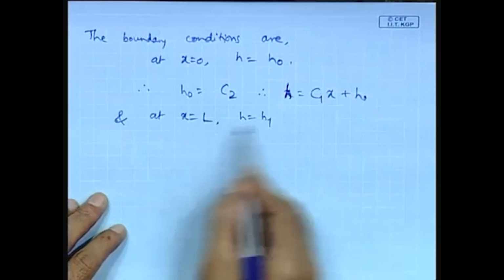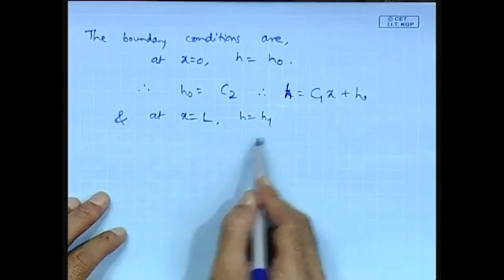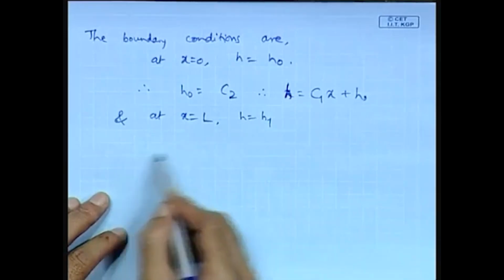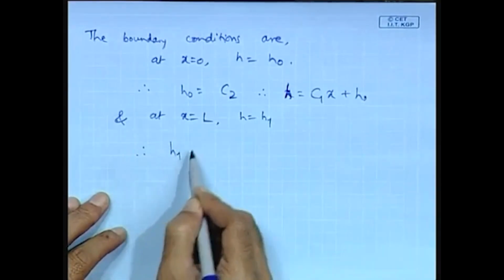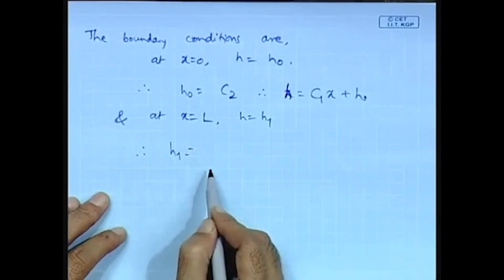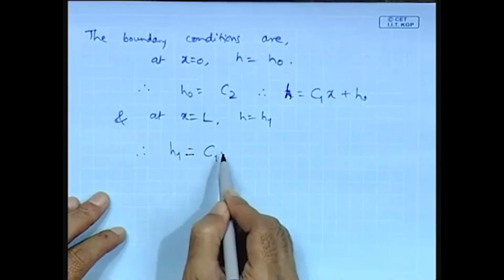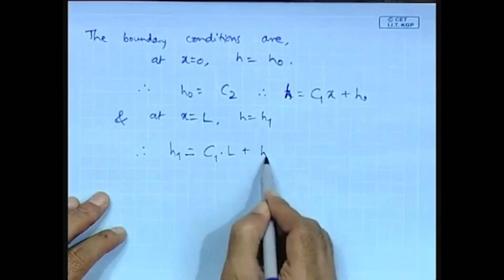Now, let us substitute the second boundary condition. Therefore, H1 will be equal to C1 into L plus H0.